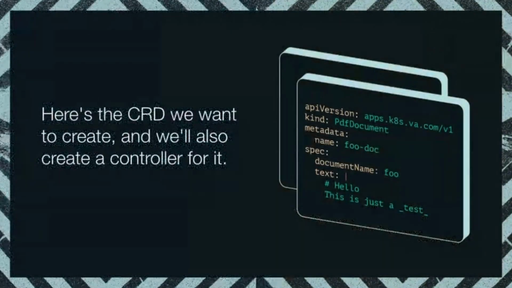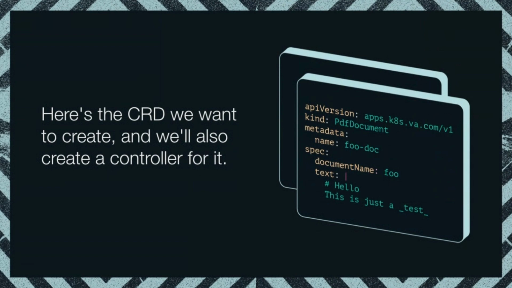Now, let's present the problem. The company wants you to build an easy way to transform markdown into a PDF file, and they want you to use Kubernetes for this. They want you to create a CRD that people can easily use, type down some configuration, and just get this done to transform the markdown files into PDF files.